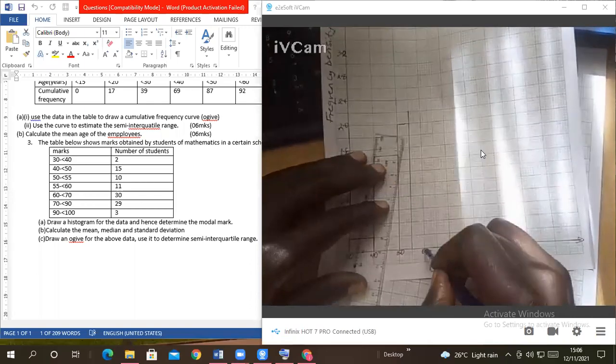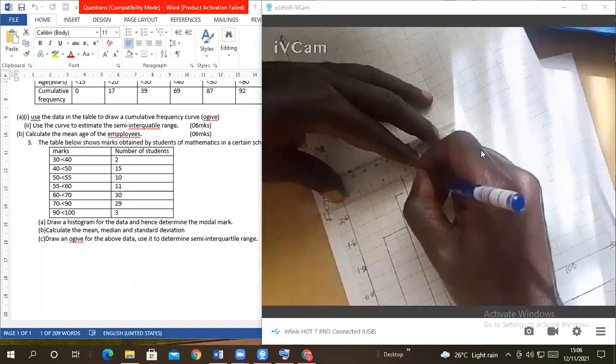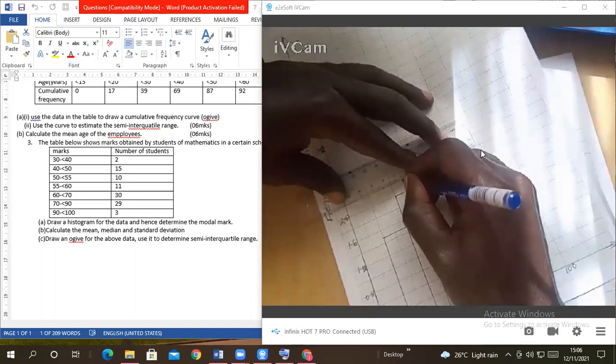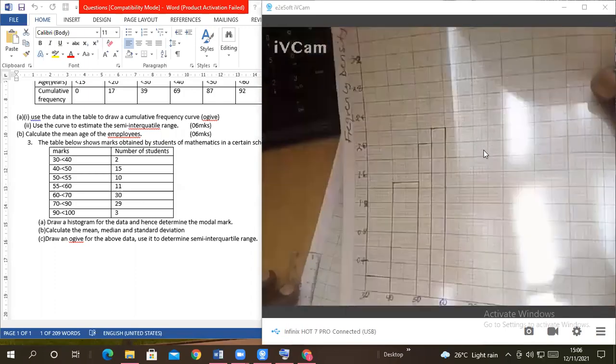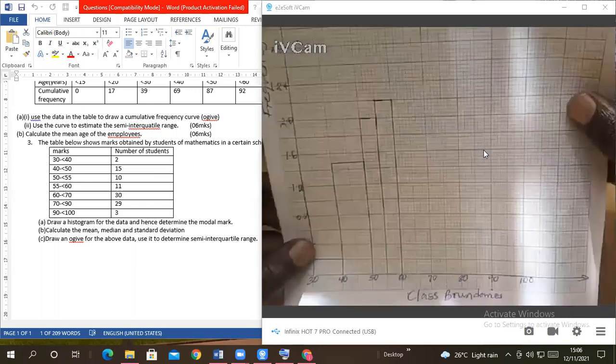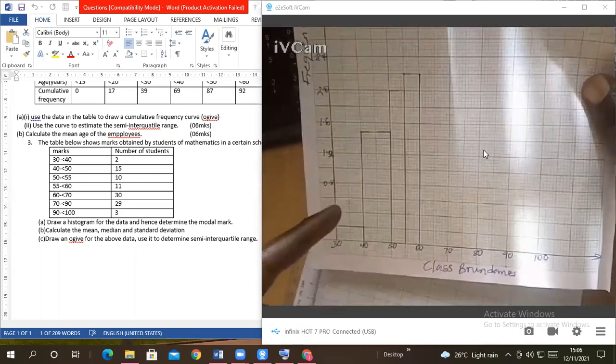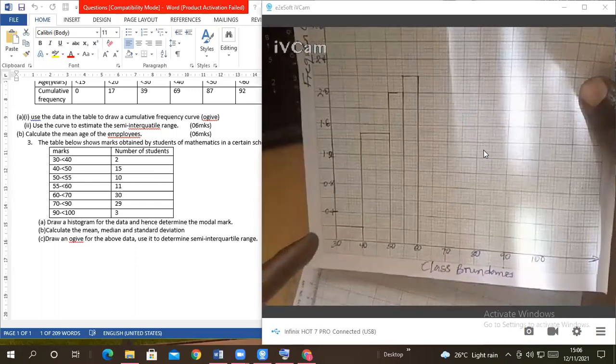Once again, the class width is 5. So we leave 5 small squares and then join with the 60. That is what we have. That's how it looks. Look at the bars. They are not equal in width because the class widths are different.